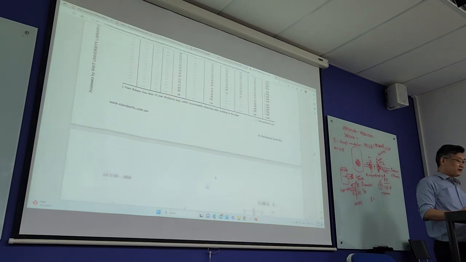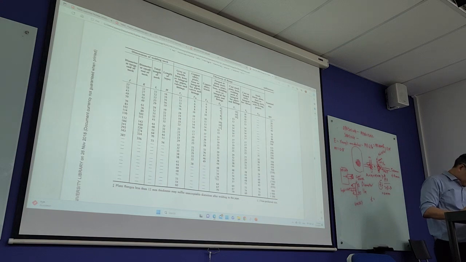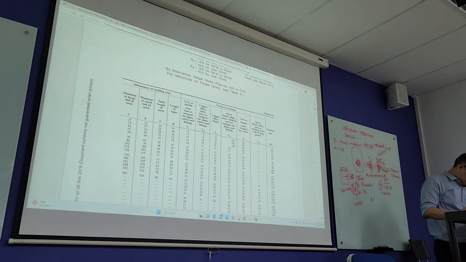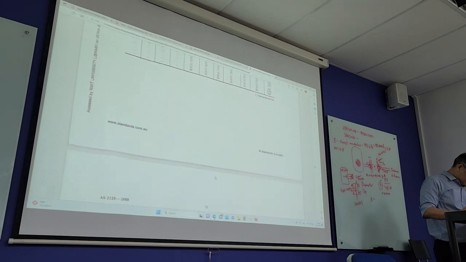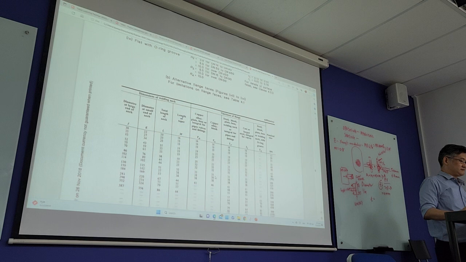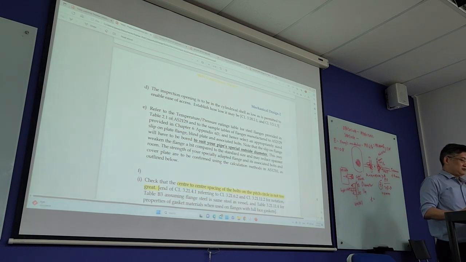Okay, so next we want to find out more details about our flange cover. Appendix 16.